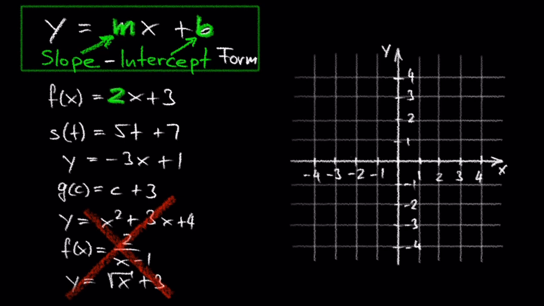The line intersects the y-axis at 3, because the 3, which stands alone for itself, represents the y-intercept. And when we look at this function, the slope is negative 3 and the y-intercept is 1.